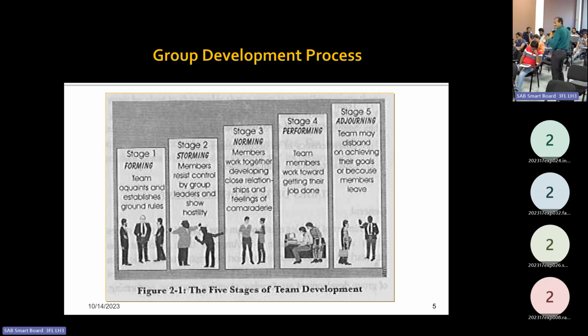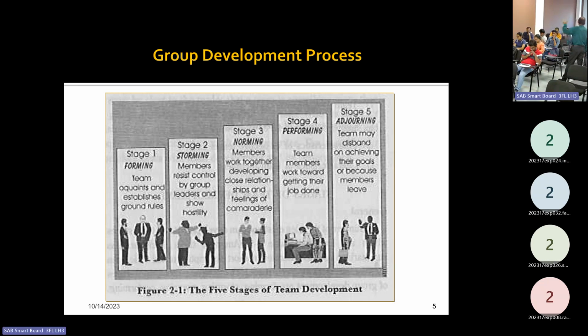Right. Then that uncertainty brings the second stage, storming, where members and the leader try to argue with each other, no? Argue with each other to present their hostile behavior. So, as mentioned in the definition, here disagreement is easy. But in the third stage only they come to an agreement, a compromise about the ground rules.